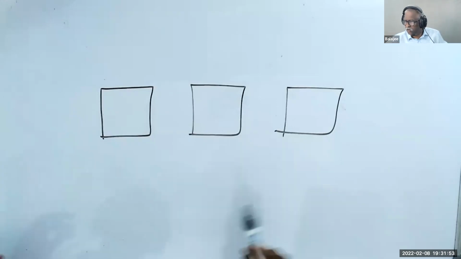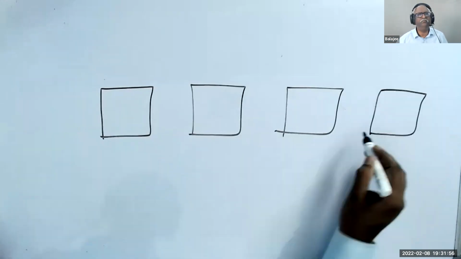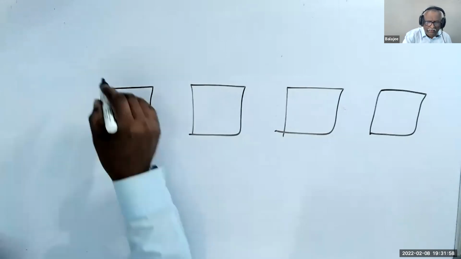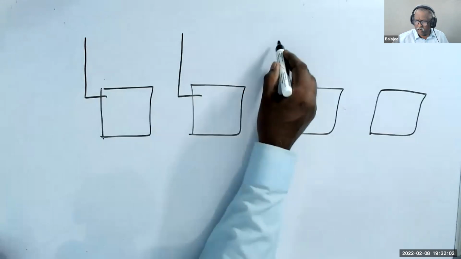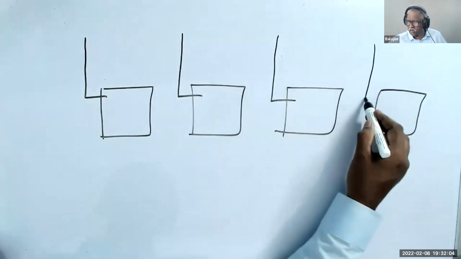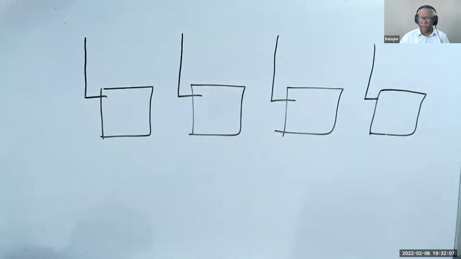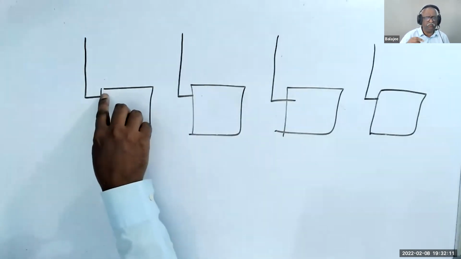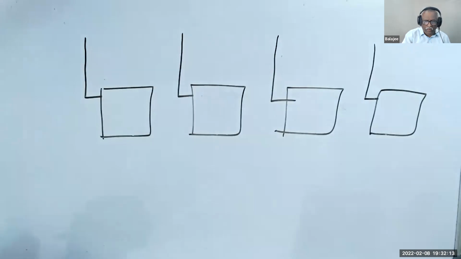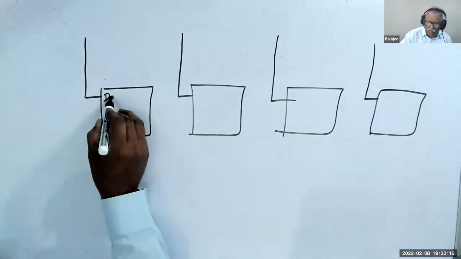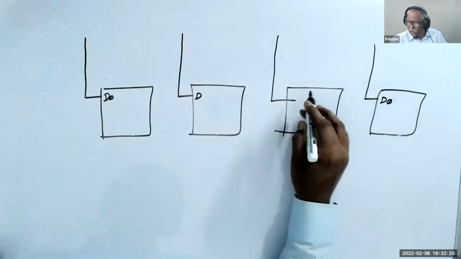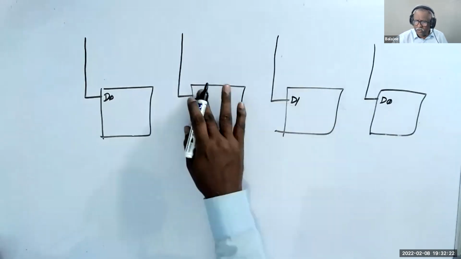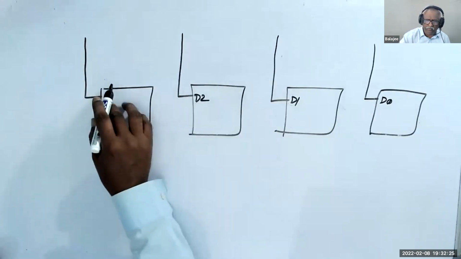But what I do here is I take the inputs here. Understand now. If I have D0, D1, D2, D3.